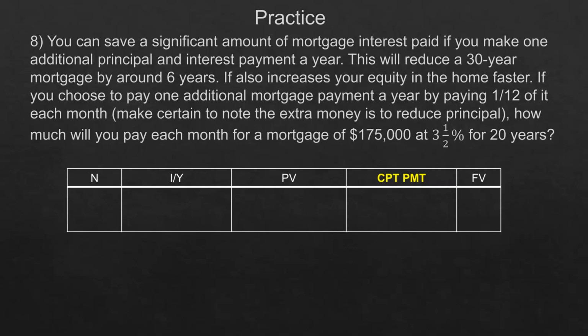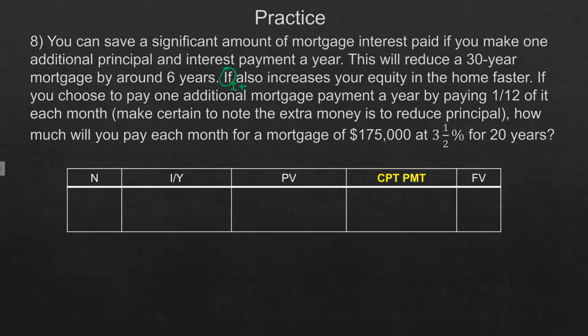All right, here's our last question for this lesson. You can save a significant amount of mortgage interest if you make one additional principal and interest payment a year. This will reduce a 30-year mortgage by around 6 years.